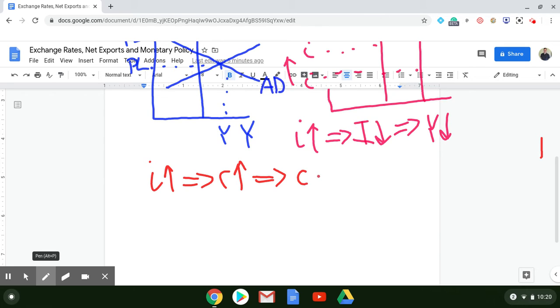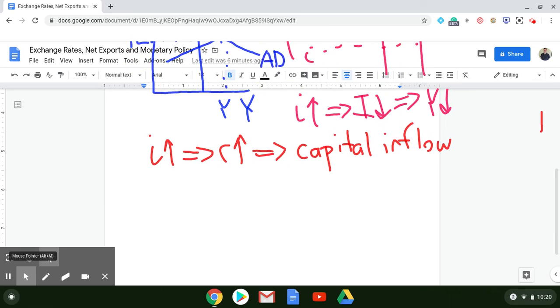So capital inflow. Because remember, high interest rates are not attractive to people that want to borrow money, but for people who are saving money or lending money, high interest rates are attractive. So they want to take their savings and put it into this country.